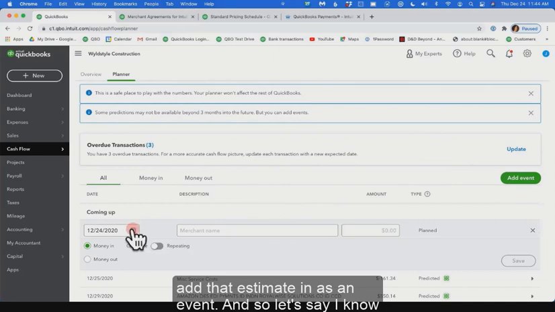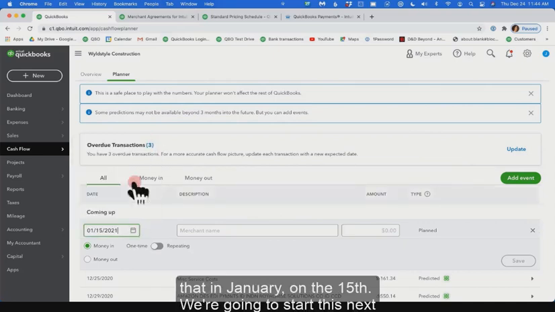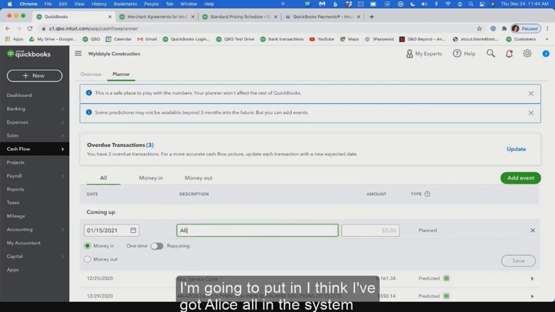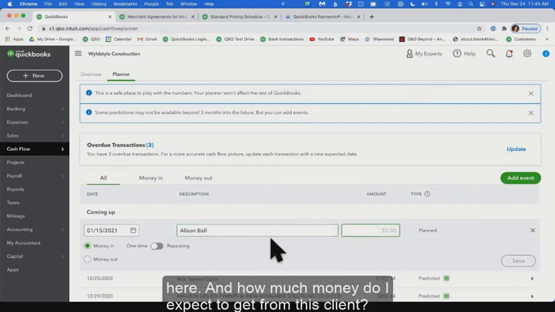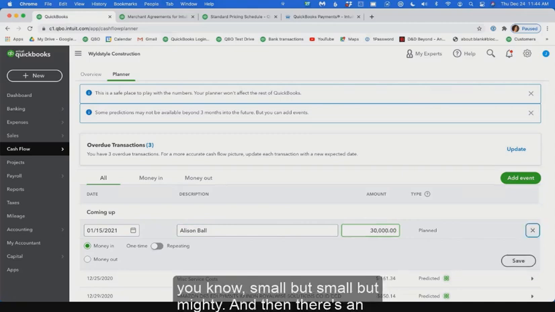Let's say I know that in January on the 15th we're going to start this next job. So I could put in what company it's for. I think I've got Alice all in the system here. And how much money do I expect to get from this client? Let's say this is going to be a $30,000 construction project, small but mighty.